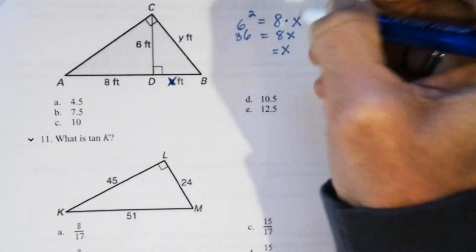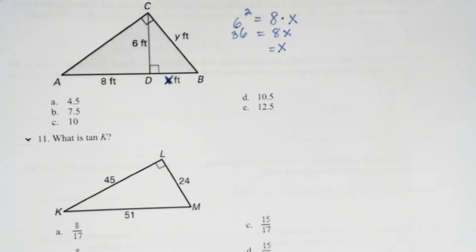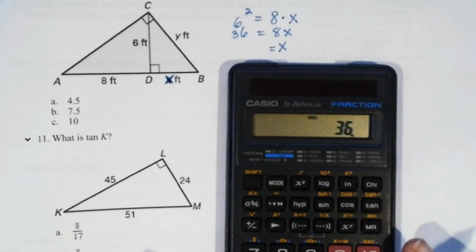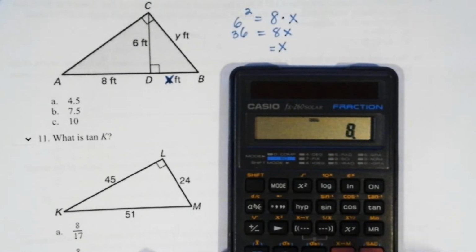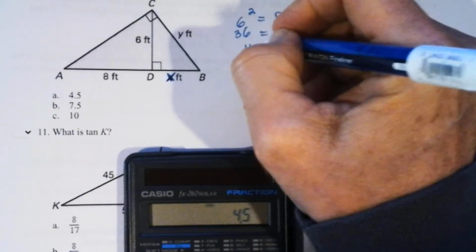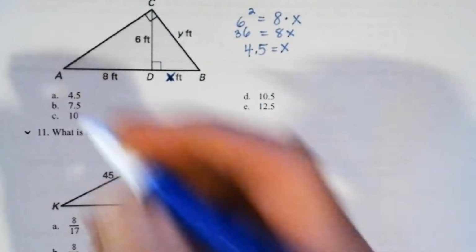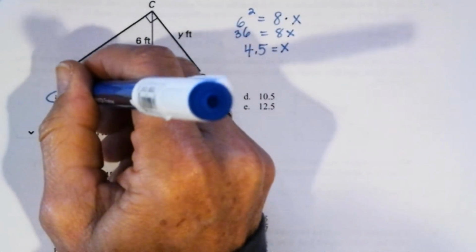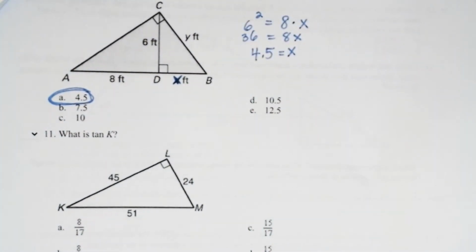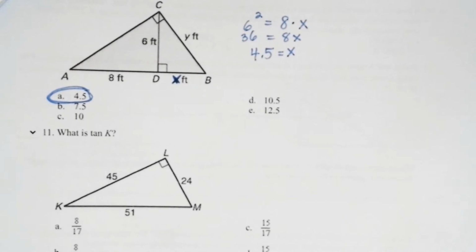So I'm going to divide both sides by 8. 36 divided by 8 gives me 4.5. Notice it doesn't say find Y, it just says find X. Sometimes you'll see stuff in a picture that's just extraneous, to make sure you're focused.